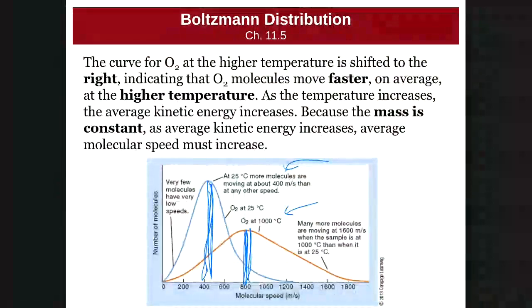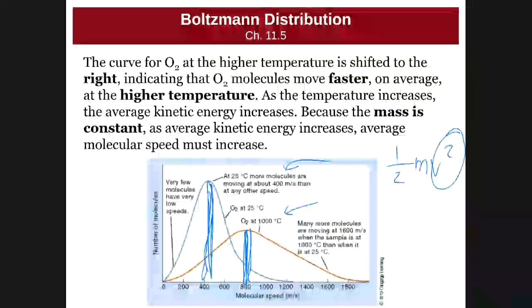So the O2 molecules move faster on average at a higher temperature. As the temperature increases, kinetic energy increases. And like I said, the mass is the same. So for kinetic energy to still increase, what is equal to one half mass times velocity squared, velocity has to change.